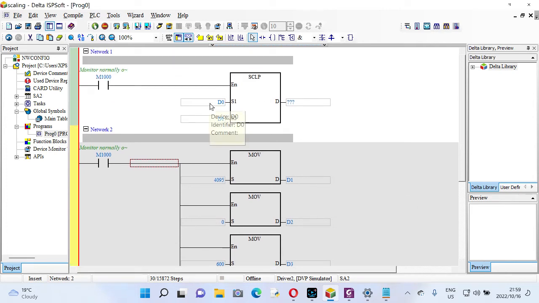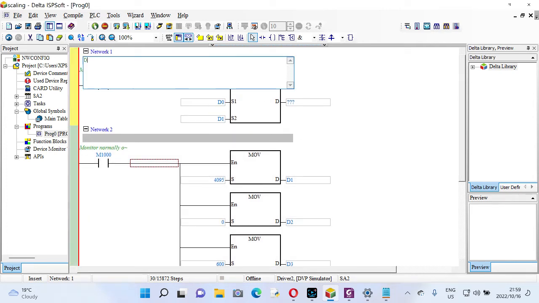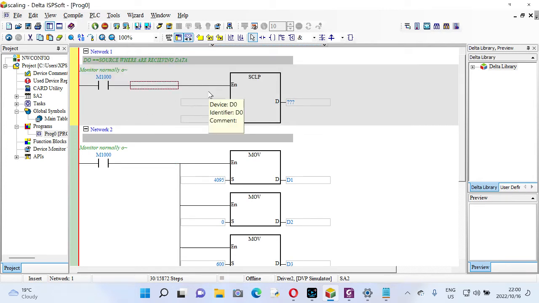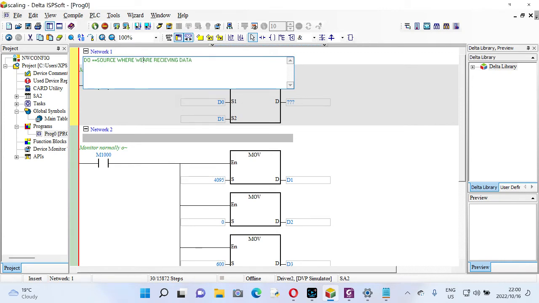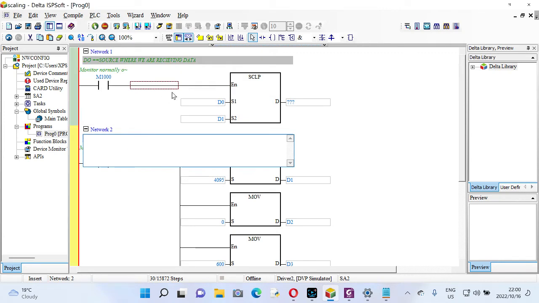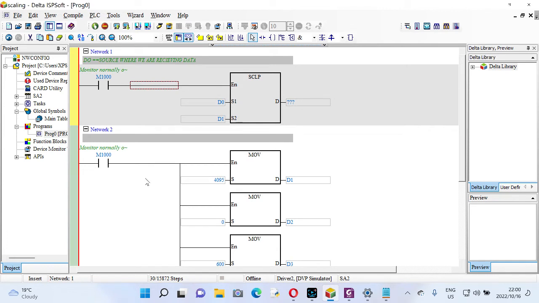But the D0 is our source. Take note, source, where we are receiving data. Now our operator in the cabin or in the control room wants to see the information in a form that he understands.